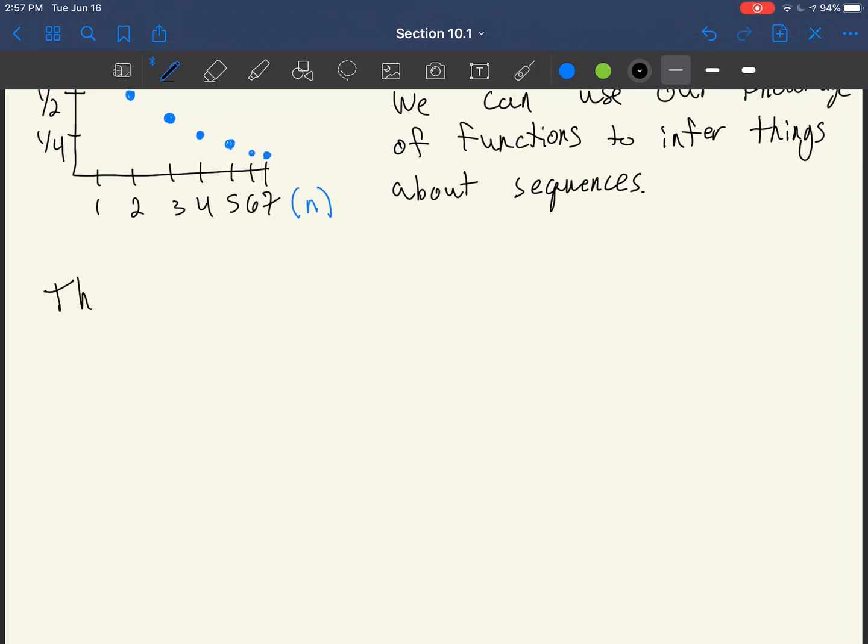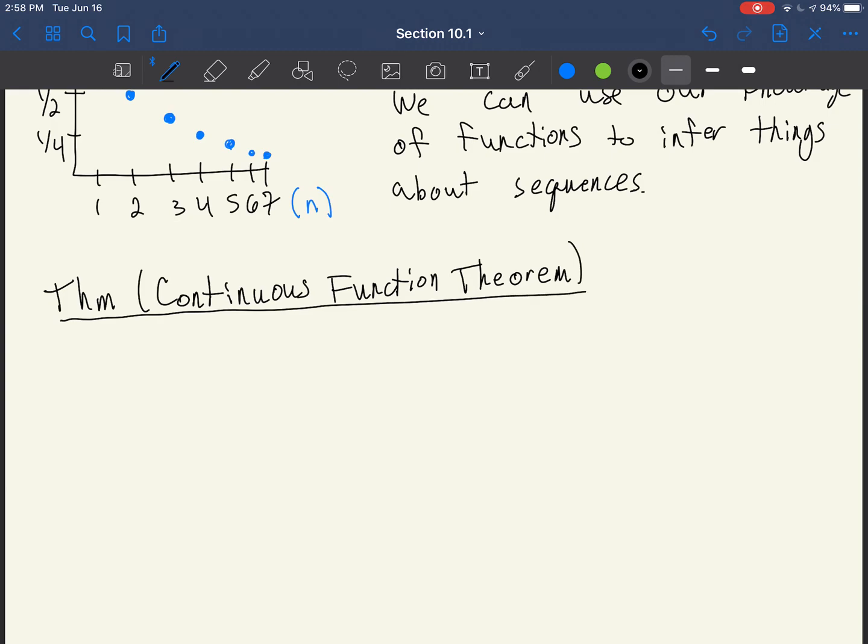So we have a theorem. This is the continuous function theorem. This is one way that we can use information from our function to tell us information about our sequence.